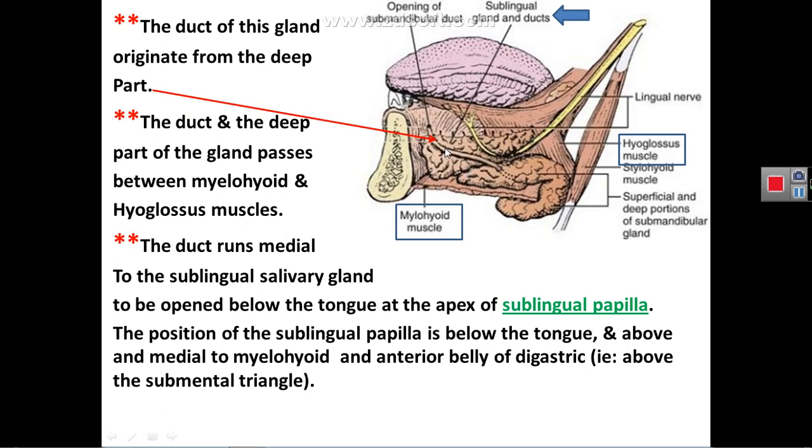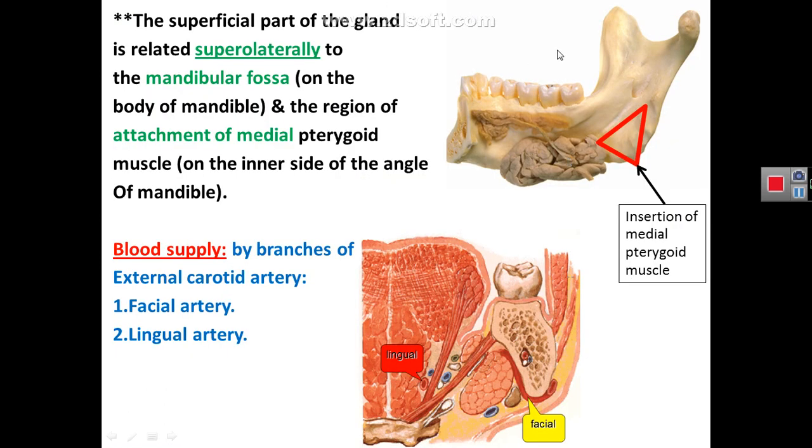You can see that the duct of the submandibular salivary gland and the deep part of the gland, both of them, lie between the mylohyoid muscle and the hyoglossus muscle. While the superficial part of the submandibular salivary gland is related superolaterally to the submandibular fossa on the medial side of the body of the mandible, and also related superolaterally to the medial side of the angle of the mandible, where medial pterygoid is inserting.